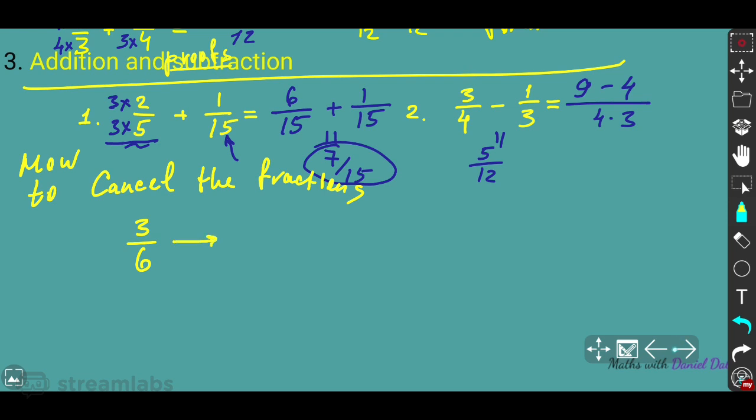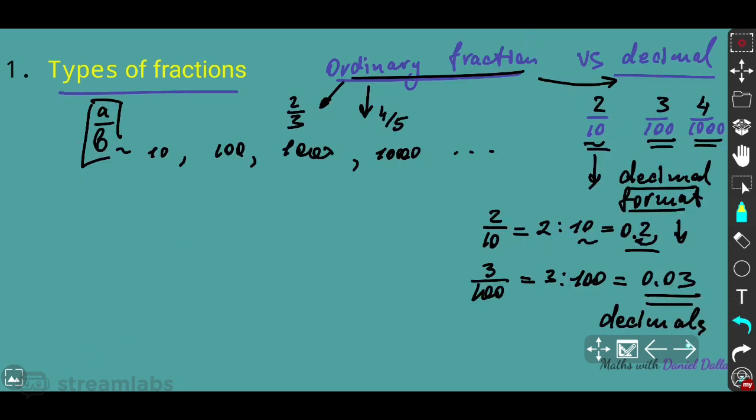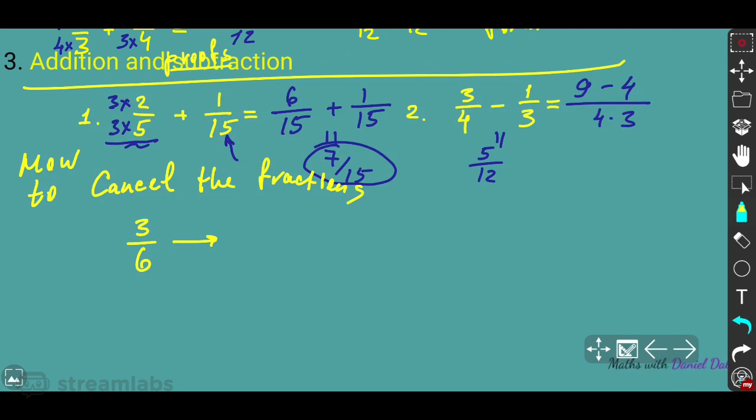Or if I switch back here, we've got 3 over 6, and we understand that this is the equivalent fraction to 1 over 2. So two fractions are equivalent. So we catch this idea and try to make, instead of 3 over 6, just the equivalent fraction.